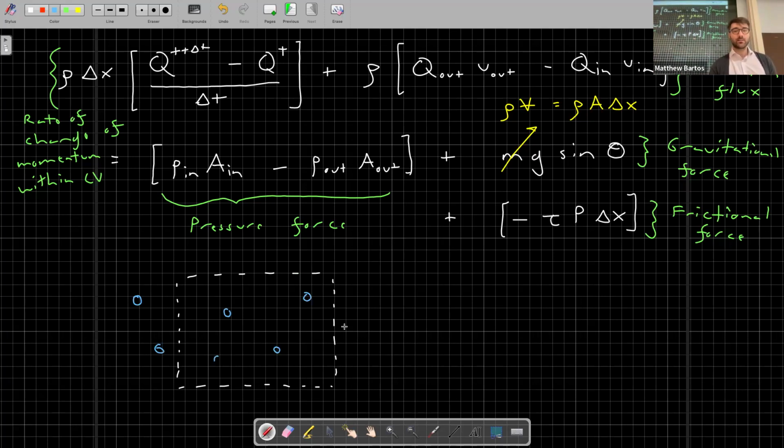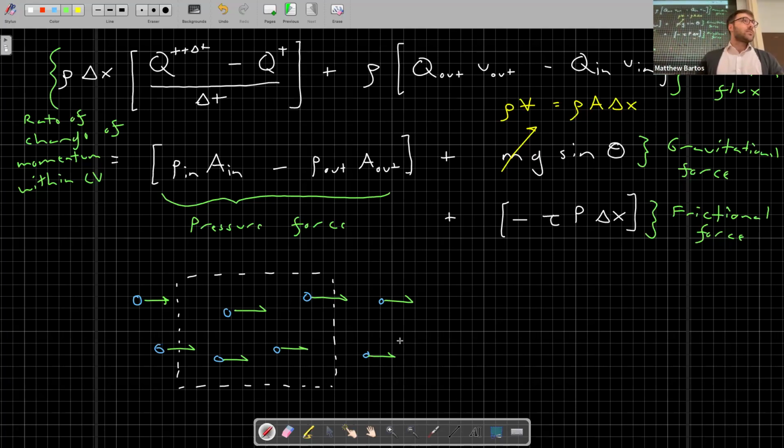And these particles are traveling to the right. So you can conceive of the mass flux as basically taking the number of particles coming out of the right side minus the number of particles coming in on the left side. You just count up those particles coming out minus the particles coming in, and that's conceptually how you can think of the mass flux.